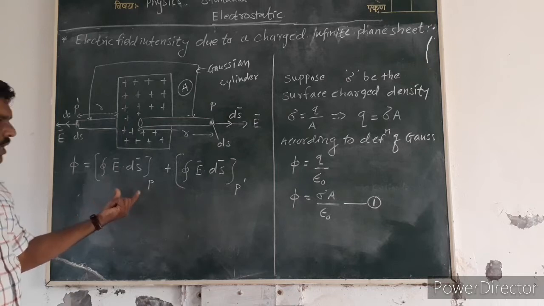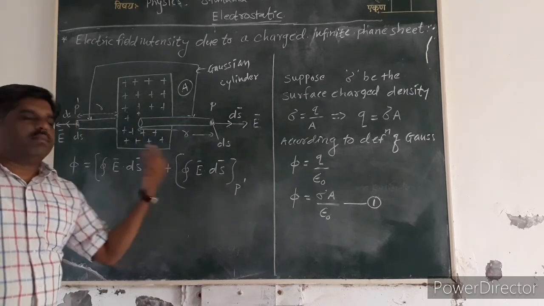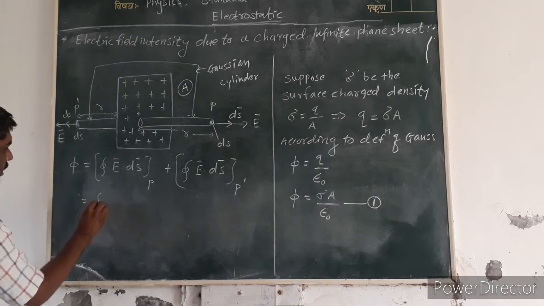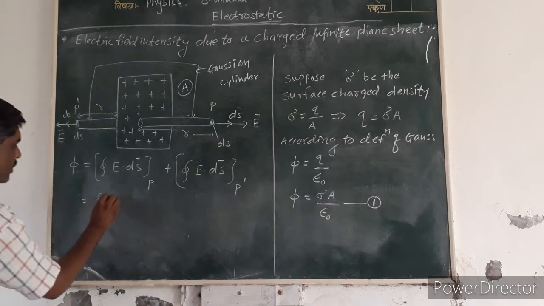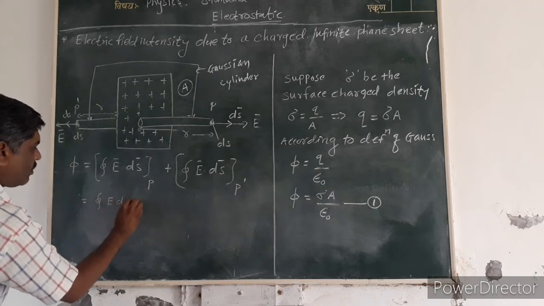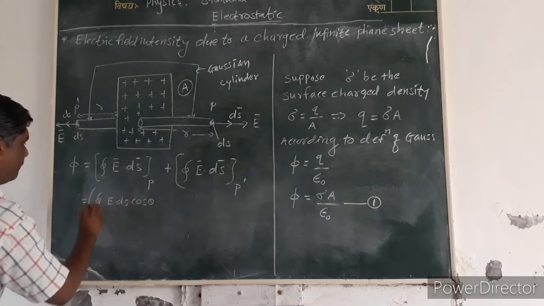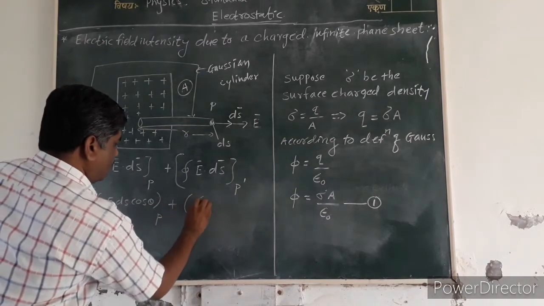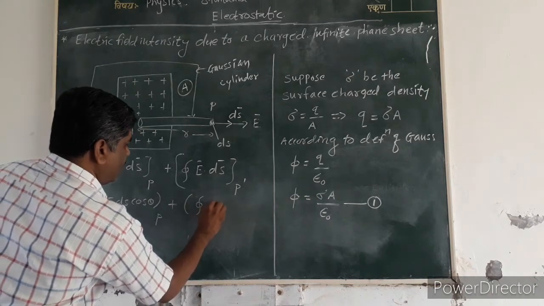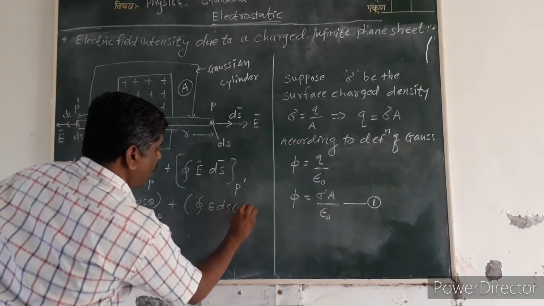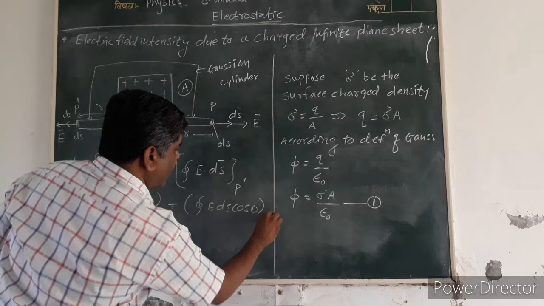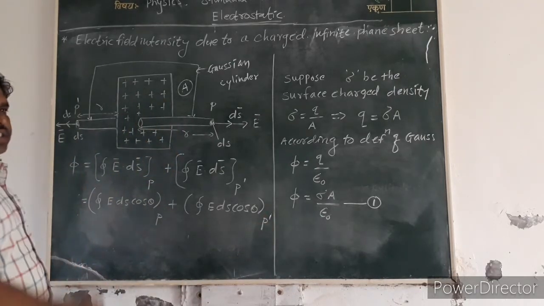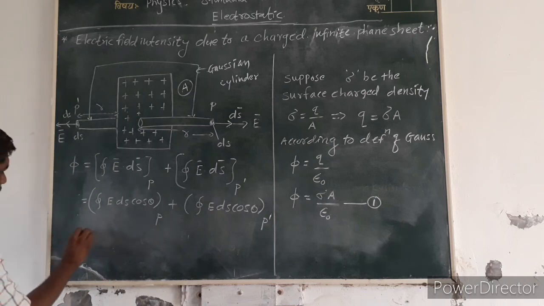which is equal to line integral E ds cos theta due to point P plus line integral E ds cos theta due to point P dash. But cos theta is equal to 1.